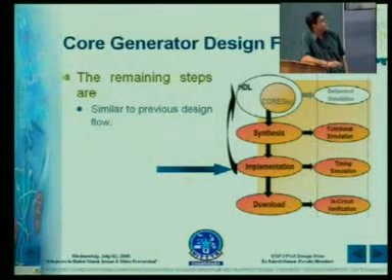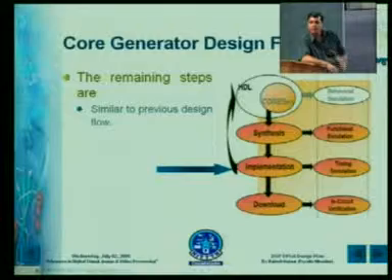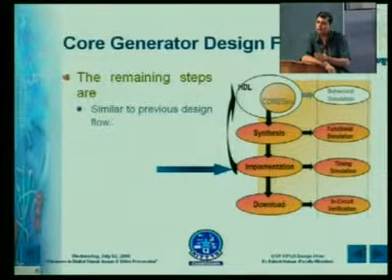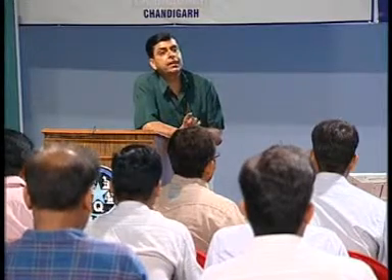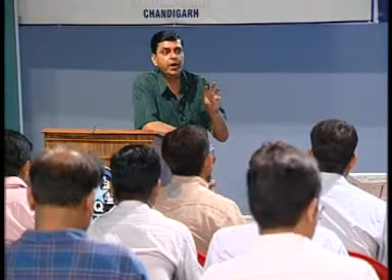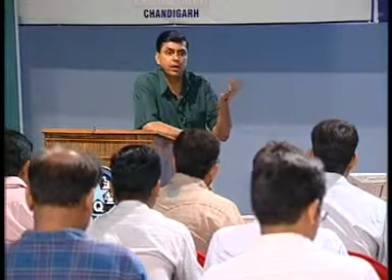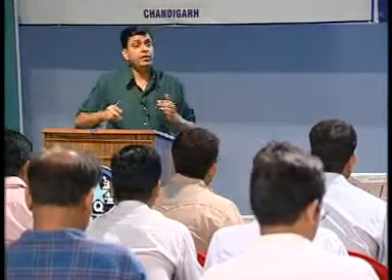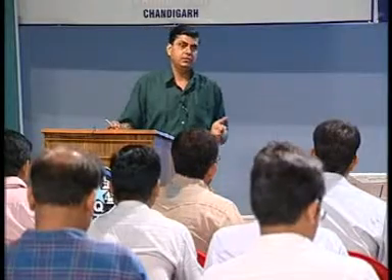If you are able to generate your design using the core generator, the next three steps will remain the same. Your VHDL or Verilog part has been done by the core generator, but that design will not be the optimized one.